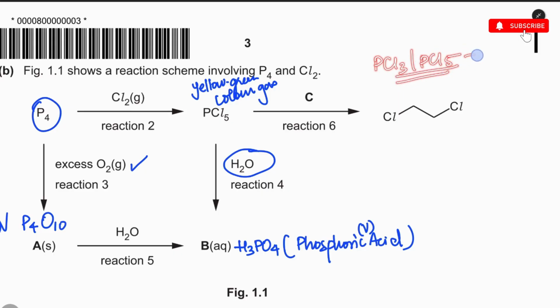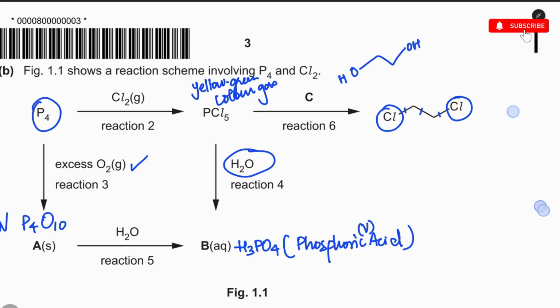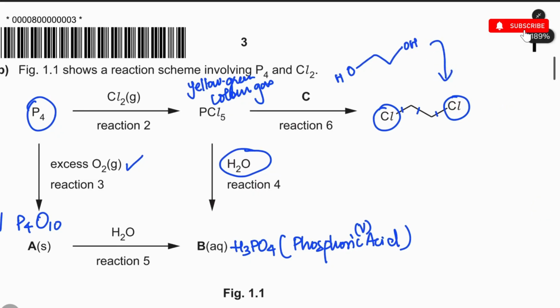So when we react these with an alcohol, we get a chloroalkane. Over here they might have used an alcohol. In an alcohol, the OH group gets replaced by Cl. The carbon chain remains the same, 1, 2, 3 bonds remain the same, and instead of OH we add chlorine. So from the alcohol we get a chloroalkane.